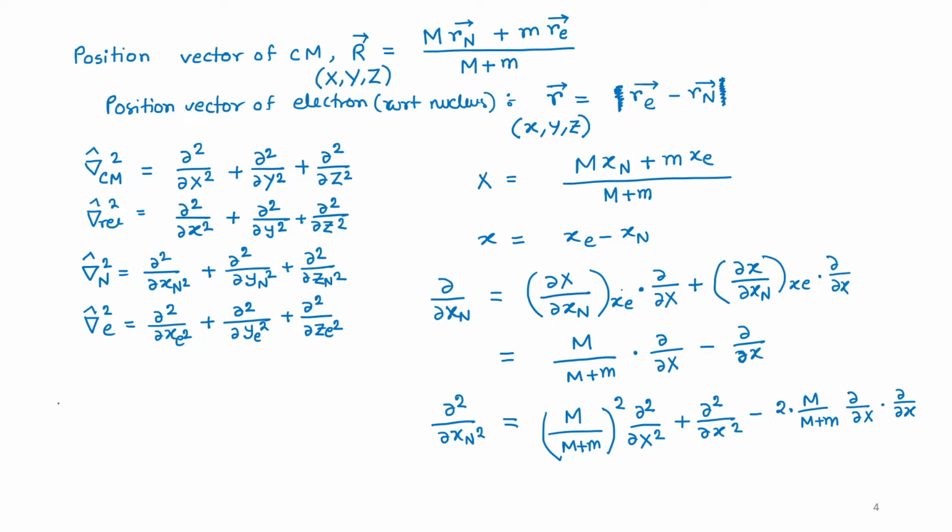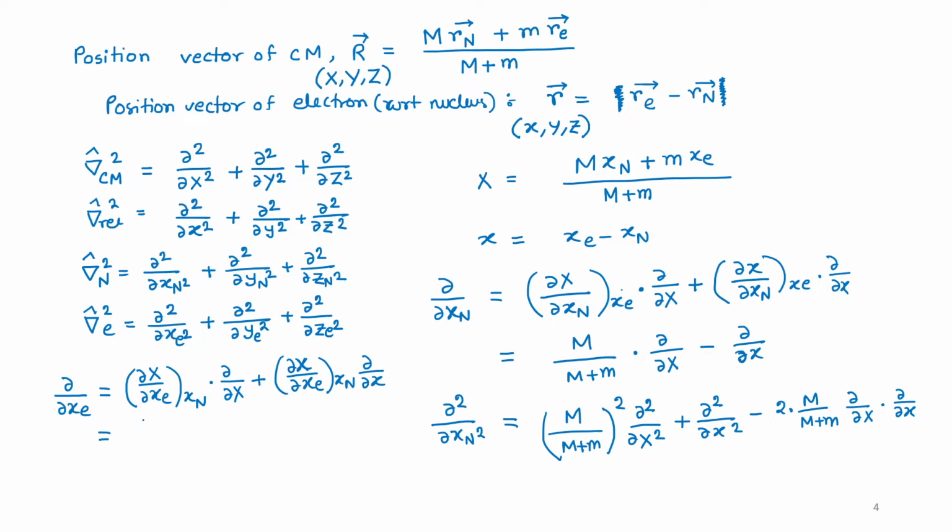And what about del by del xe? If we have to get this, then we can similarly do it the same way, where xn is constant. Now del by del capital X plus del small x with respect to del xe, where xn is constant, del by del small x.